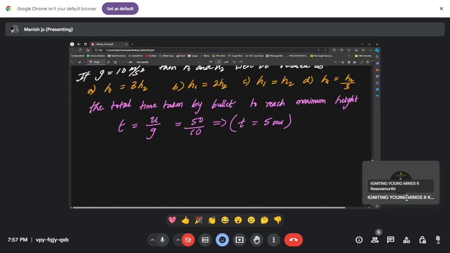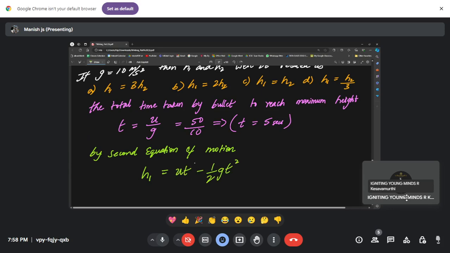Once you have the value of time taken by the bullet to reach the highest point, you can easily calculate the height required to reach the highest point. So you can use the second equation of motion. By the second equation of motion, you can say h1 is equal to ut minus half gt squared.